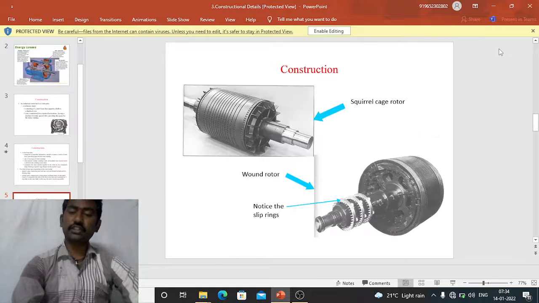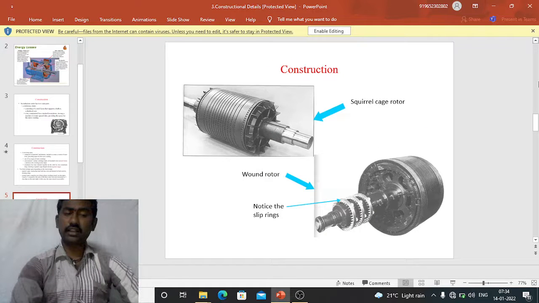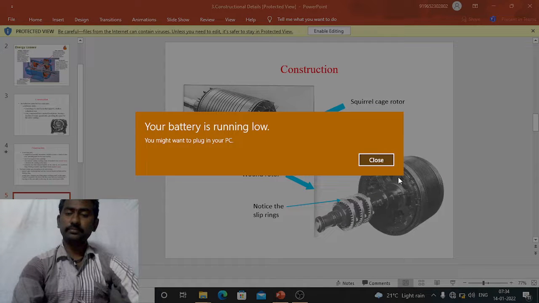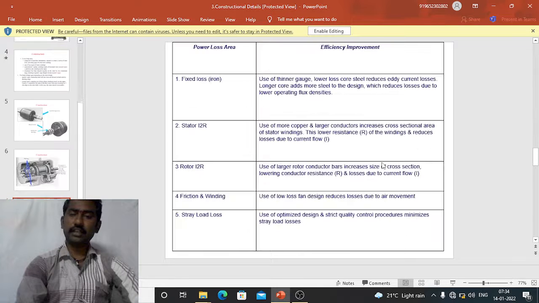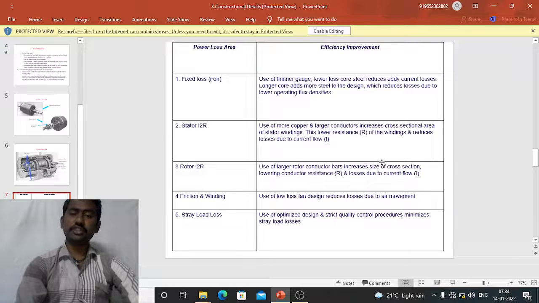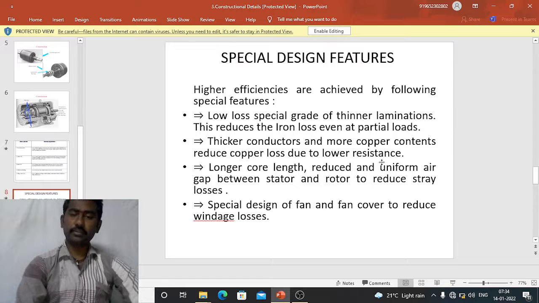In this way the rotor circuit is accessible. So here we have how the squirrel cage rotor and the slip ring rotor look in the diagram. And the loss distributions we already have in the previous discussion.